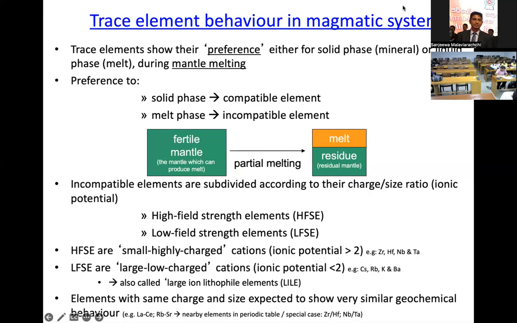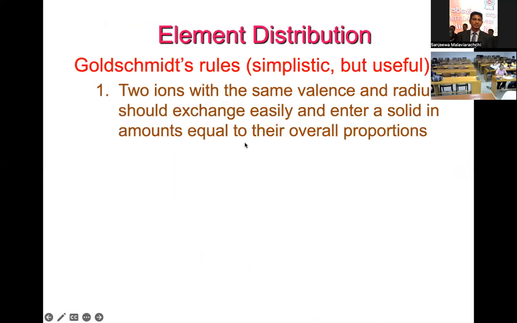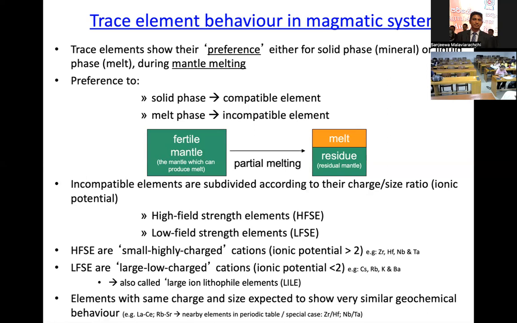Okay, so this is what happens in partial melting, and even in fractional crystallization the same thing will happen, right? So this fractionation of elements is important during igneous melting, whatever the melting mechanism.